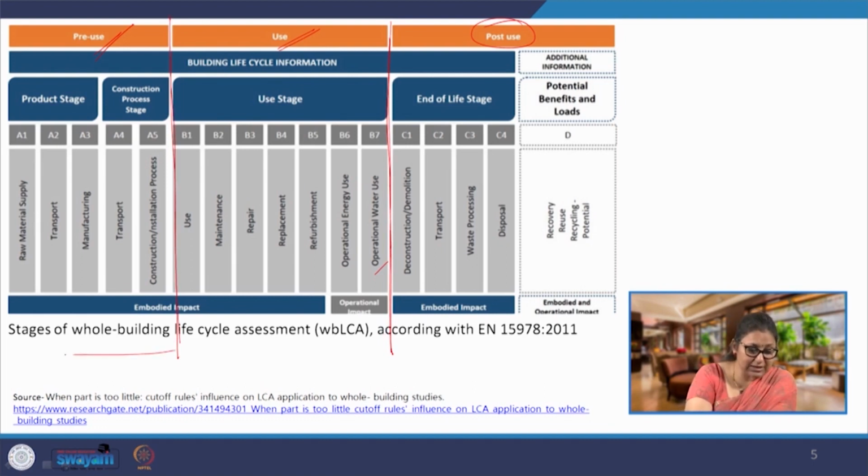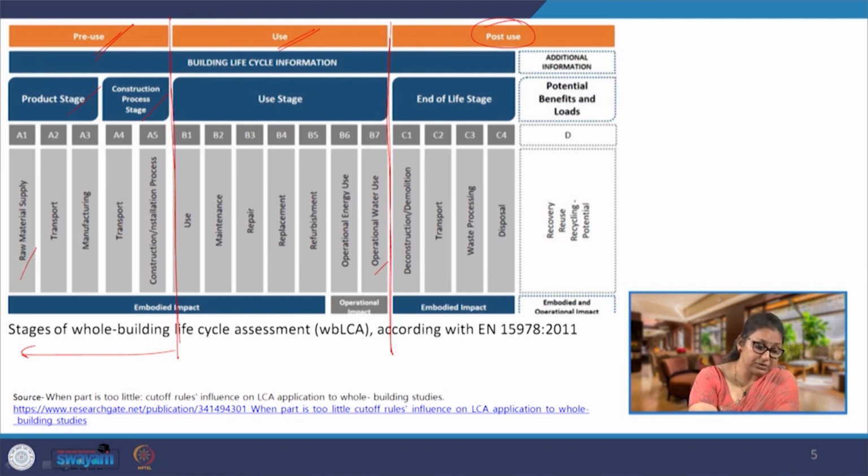Now, if we look at the upstream activities, which are leading to the building use stage, we are talking about the product manufacturing stage and the construction stage, which we have just seen, and the activities within them. There are many more activities. If we go on to detail out these project activities, there are going to be multiple smaller sub activities, but here we are broadly looking at these.